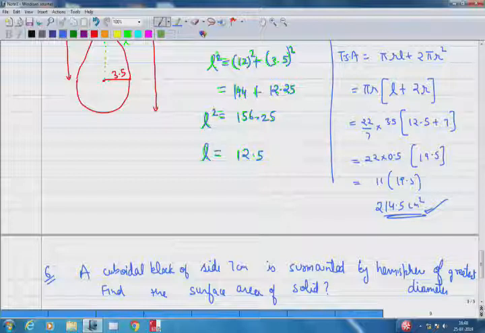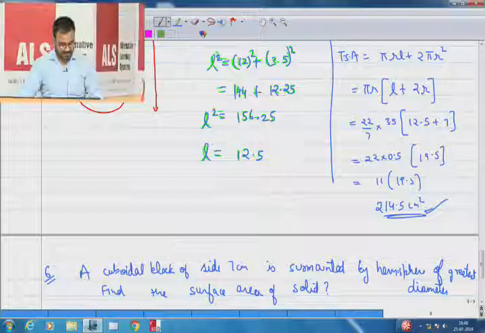A cuboidal block of side 7 centimeter is surmounted by hemisphere of greatest diameter.